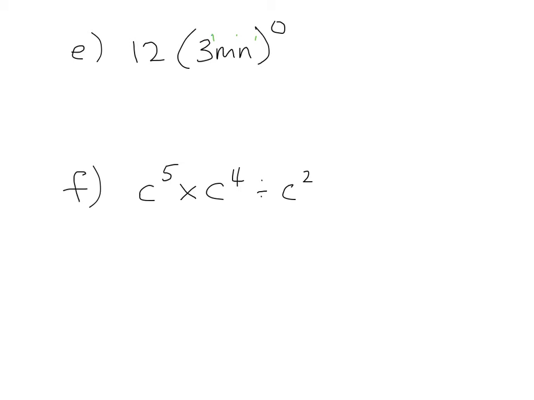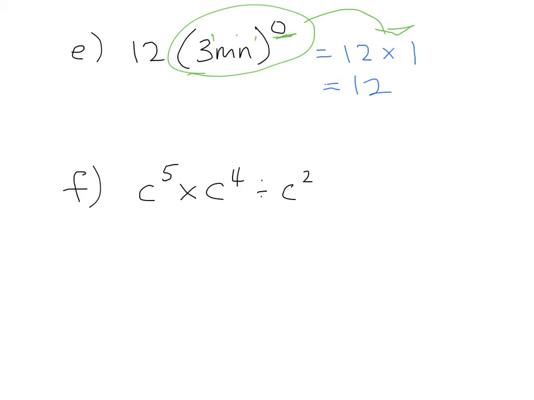When we use the bracket rule, we would be multiplying each of those by 0. So everything in the bracket is going to become 1. So this will end up equaling 12 times 1, and the whole bracket, because it's to the power of 0, equals 1. So that's just equal to 12.